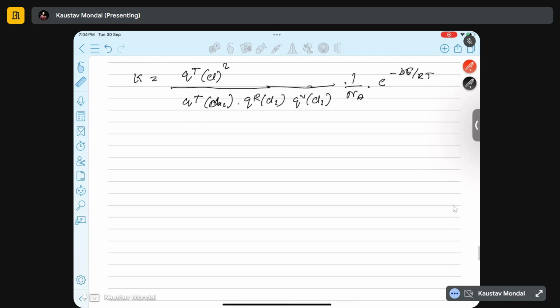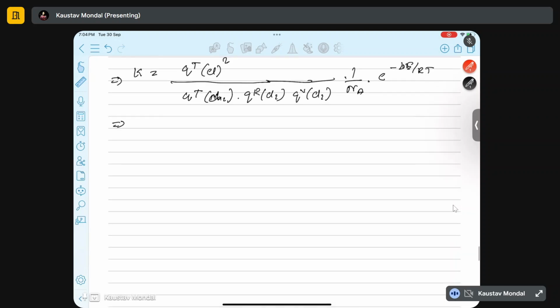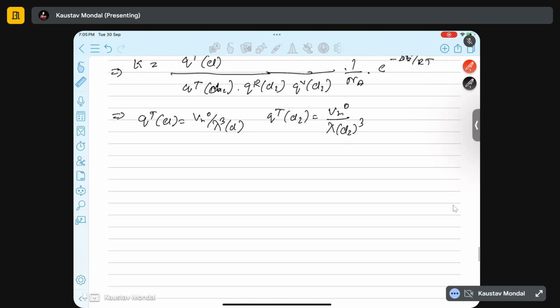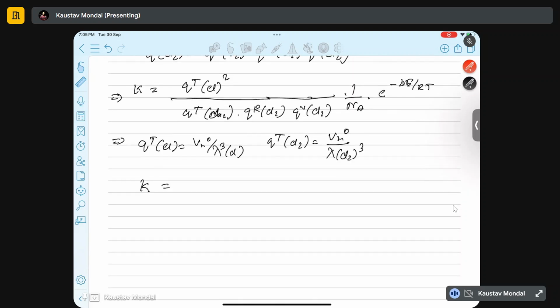Okay. Now from here, QT CL is simply Vm0 by lambda cube CL, and QT CL2 is the same, Vm0 by lambda CL2 cube. Okay. Now if you substitute this here, it will take the form: Vm0 cube would be there.